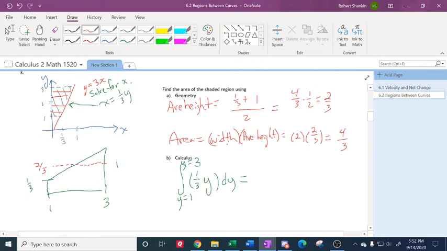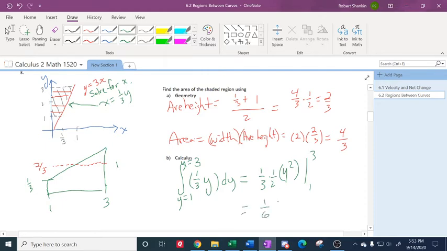So, now, you might say, that's just theory. Well, let's test out our theory. Let's do this integral, and I'm going to have 1/3. I need an antiderivative of y, which is y squared over 2, evaluated from 1 to 3.